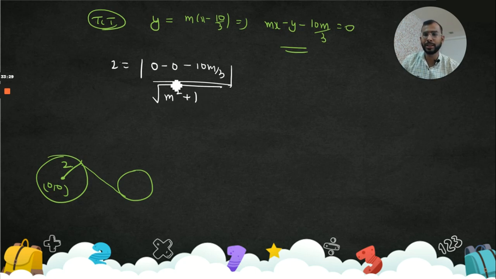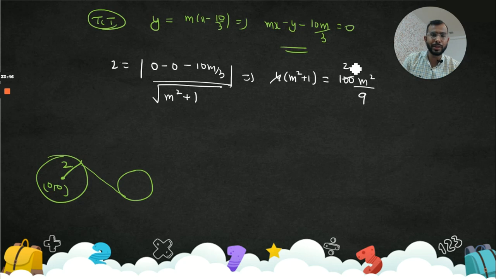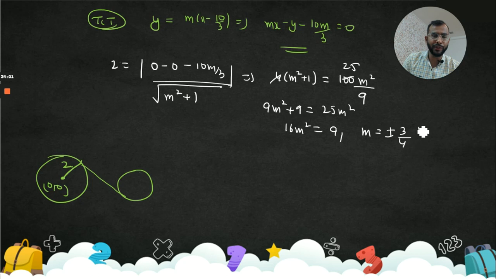Please everyone go through that: (ax1 plus by1 plus c) upon root a square plus b square. Now squaring on both sides, we get 4 (m square plus 1) equals 100 m square by 9. इसको कैंसिल कर देते हैं. 36 m square plus 36 equals 100 m square, so 64 m square equals 36, and m is plus minus 3 by 4. So we'll get two equations. ये TCT है.